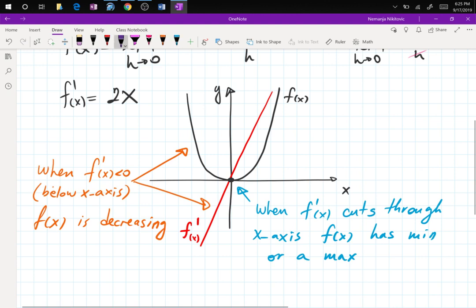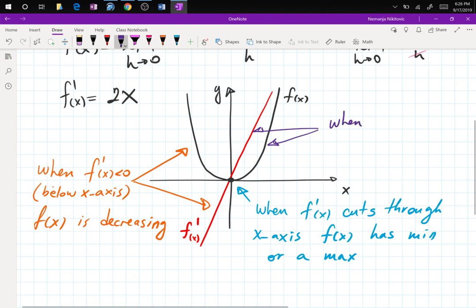Finally, on the other side, I'm going to also poke the arrows and clearly use a similar statement like the orange one. If the derivative is positive, above the x-axis, the function is increasing.